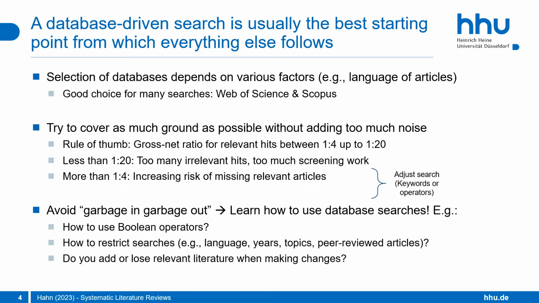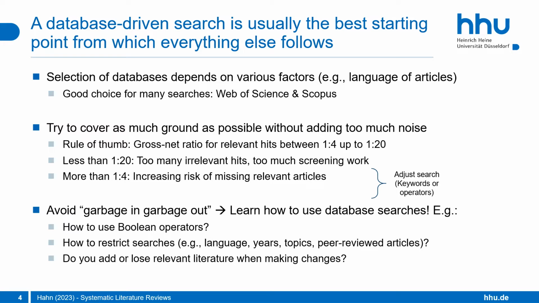A good choice for many searches is usually the Web of Science or the Scopus database. They are both very broad in terms of the topics they cover, but obviously the type of database depends very much on what you're actually looking for, whether there is a specific database for your field of search that is more applicable, in medicine or in economics or whatever, so that you can have a look at these if there are specific ones.